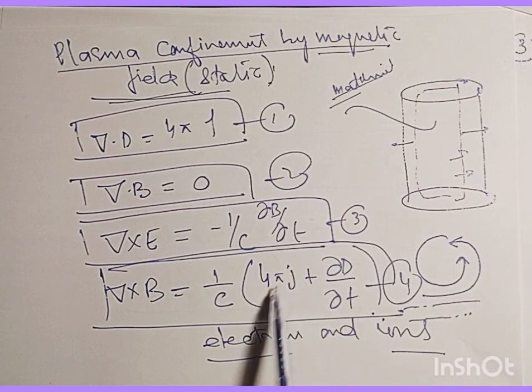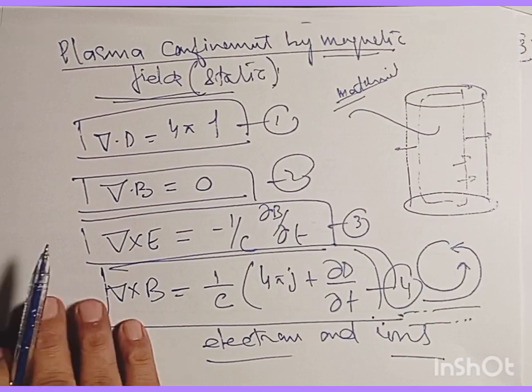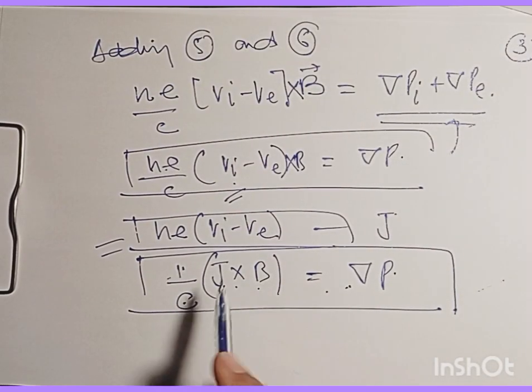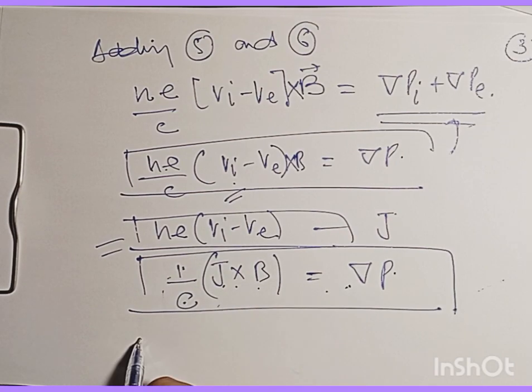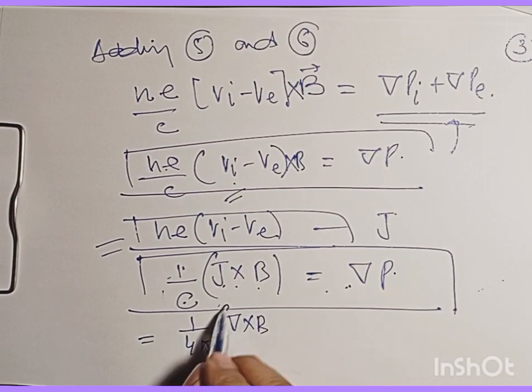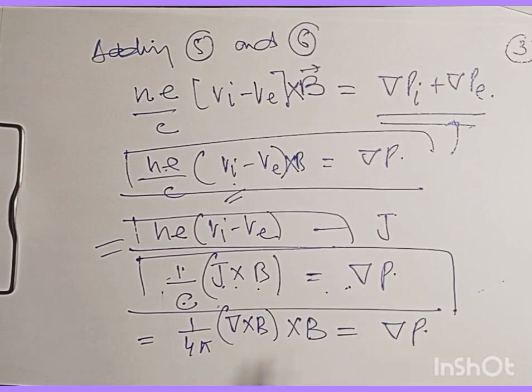So what will be this J by c? That's going to be 1 by 4 pi del cross B. So here, instead of this term, I'm using 1 by 4 pi del cross B, and cross B is equal to del P. So this should be the output here.